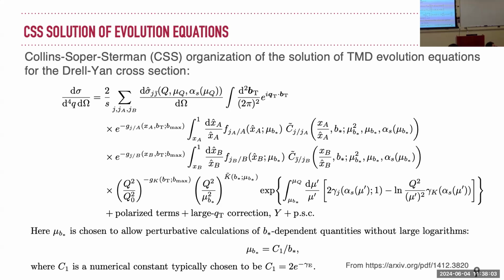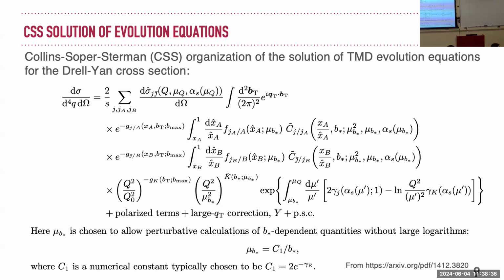So now mu naught, not here. We have to choose our mu naught. And usually, mu naught is taken not from the process itself, but from our b, because here it's b that is important. So let's do mu naught approximately 1 over b star. Now for technical reasons, which I'll not dwell into, we'll put here not 1, but 2e to the minus gamma_E.